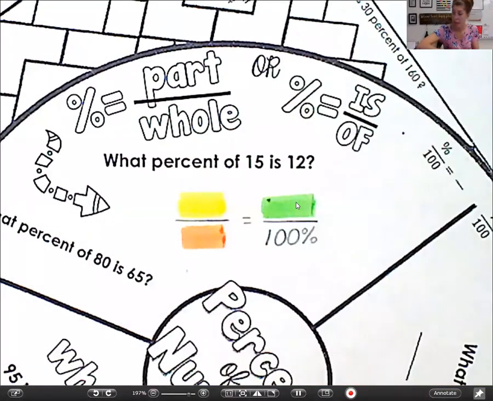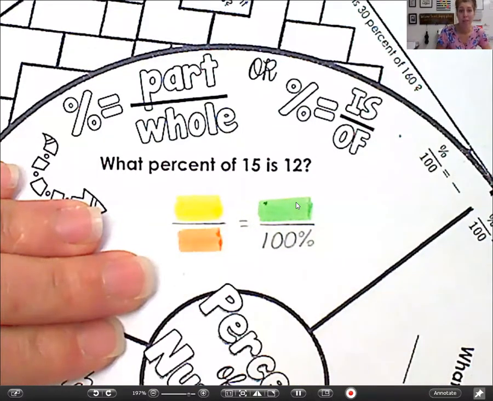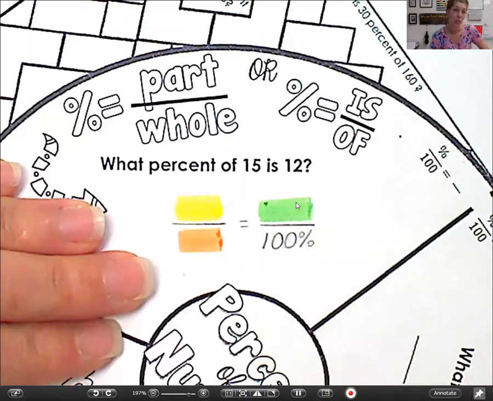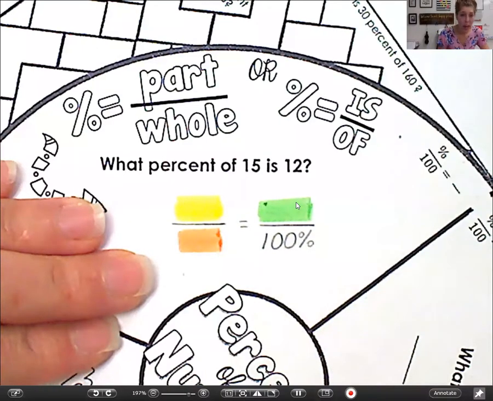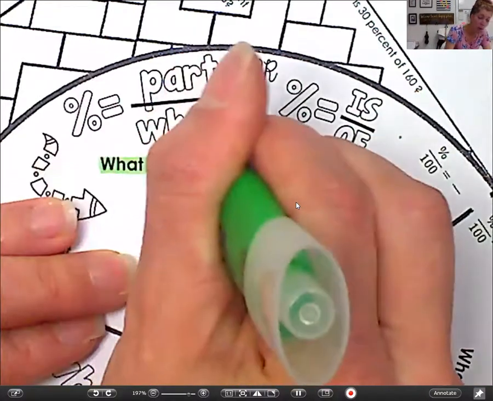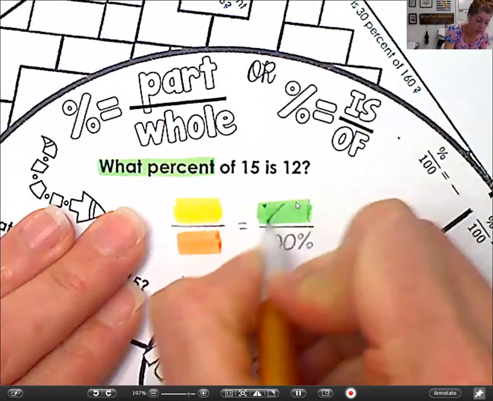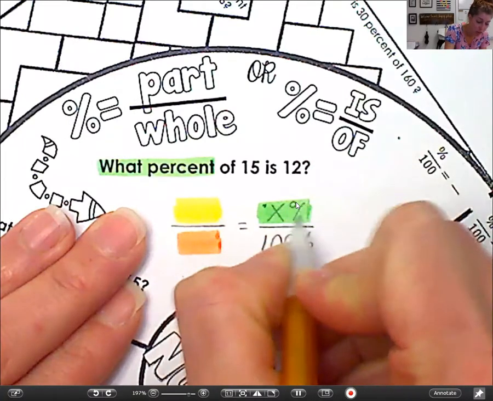Okay. Now, if I read this first problem, what percent of 15 is 12? When I try to figure out where I'm plugging these numbers in, the first thing I see is the word what. Honestly, that truly helps me realize that this is what I'm looking for. This is my missing piece.